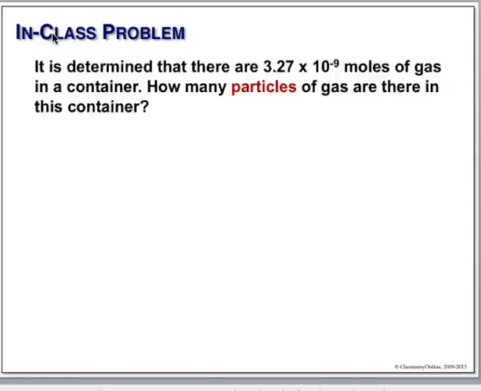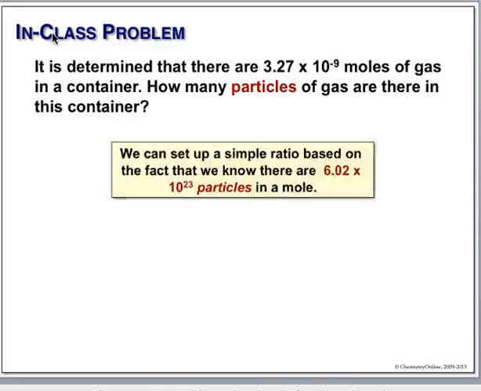Particles. Our given here is going to be 3.27 times 10 to the minus 9, right? We're going to have to stick in the Avogadro ratio. 6.02 times 10 to the 23rd things in a mole.